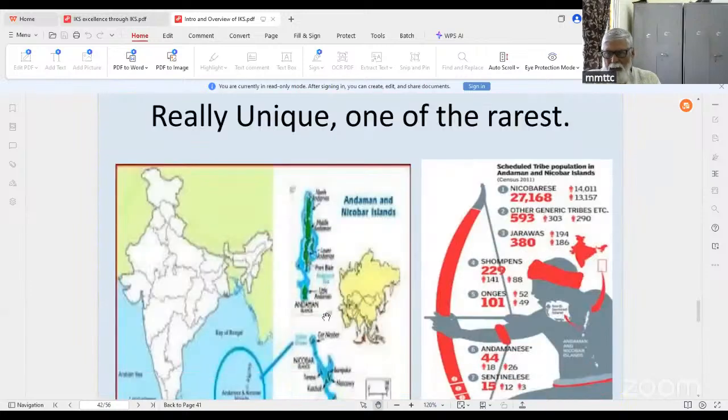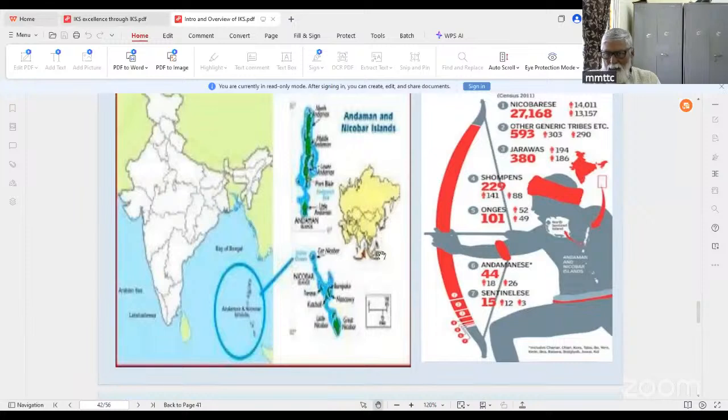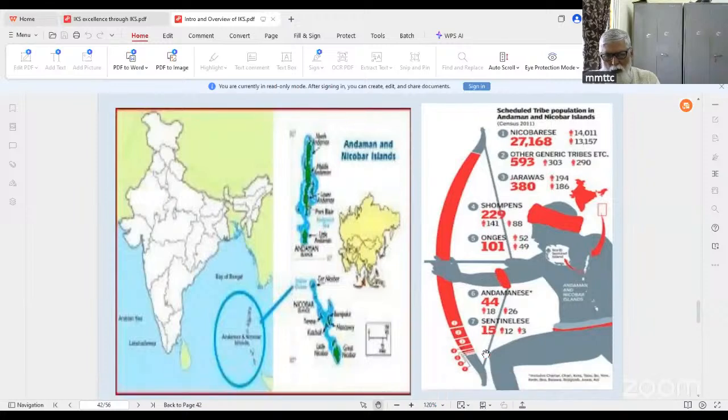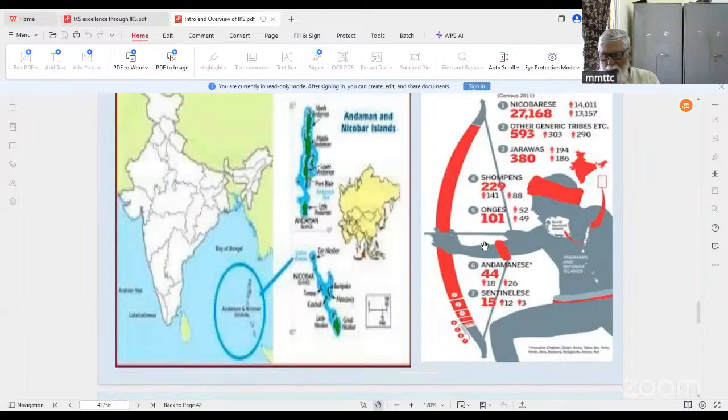You have an indigenous population in India, plenty of them in the Andaman Islands. Okay, so many of them. Nicobarese, Jarawas, Shompens, Onges, Andamanese, Sentinelese, so many tribes, all of them living there independent of each other for the last 50,000 years. Okay.